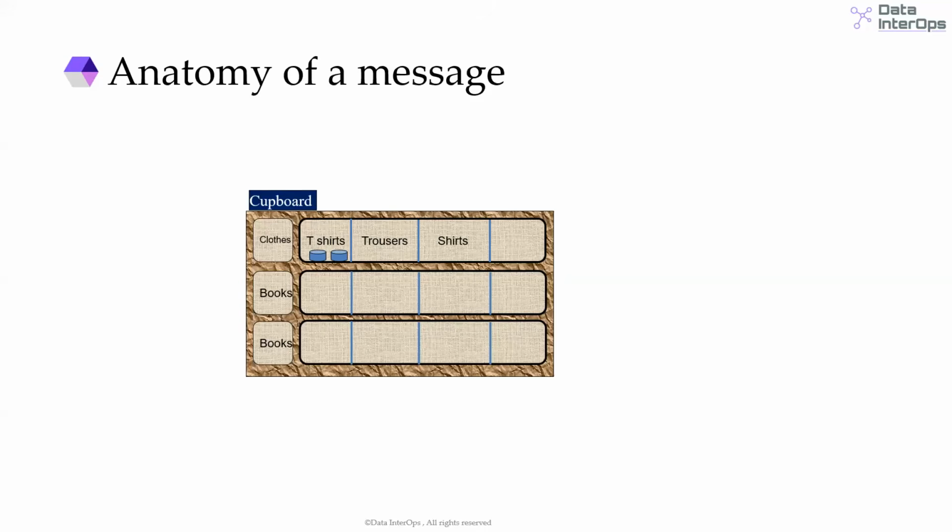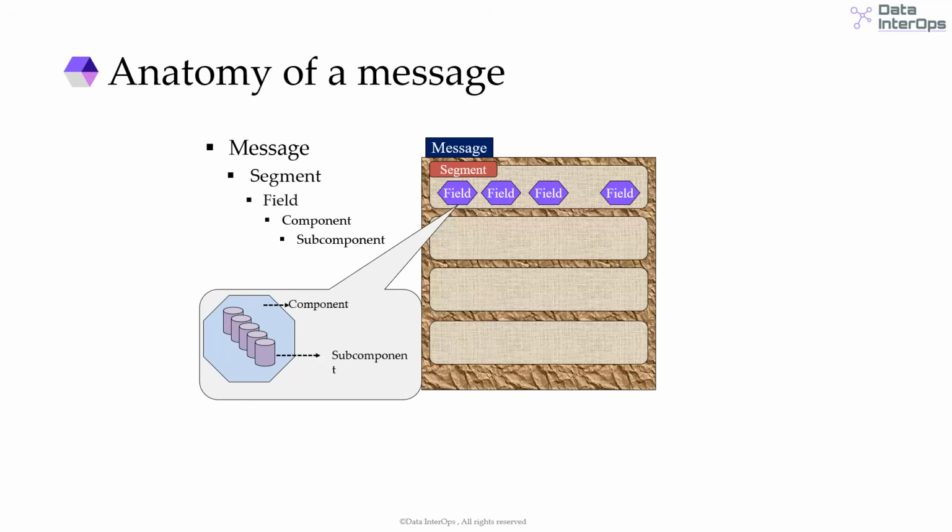We'll see down the line what these data elements are and what the position or placeholders of these are, but let's understand the message structure first. So HL7 messaging follows a very similar principle to what you're seeing on the screen now: the architecture of one single rack, having shelves, and each shelf divided into components. Any HL7 message is basically comprised of segments.